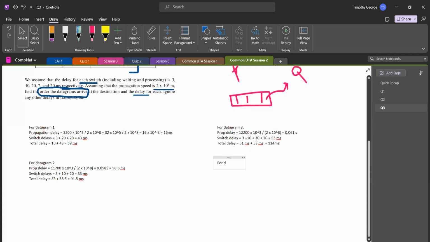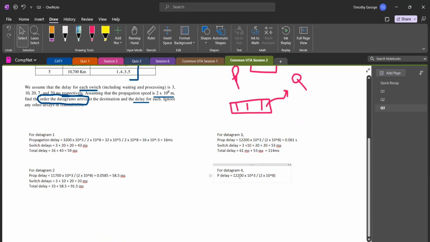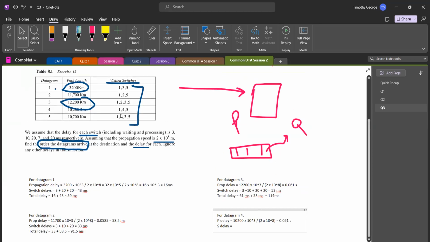Two more to go. For datagram 4, the propagation delay is 10,200, which is that many milliseconds. And the switch delay: the switches given are 1, 4, and 5.